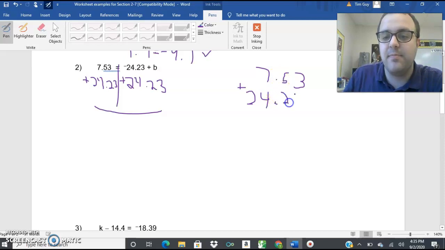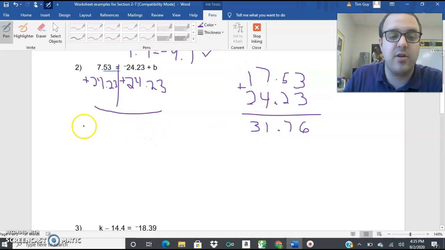So when I add those together, 3 plus 3 is going to give me 6. 5 plus 2 is 7. The decimal point comes down and stays in the same location. 7 plus 4 will be 11. And then 1 and 2 is 3. So I'll get that 31.76 equals b.